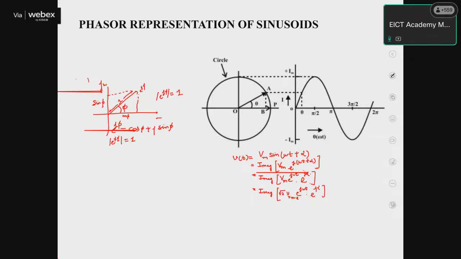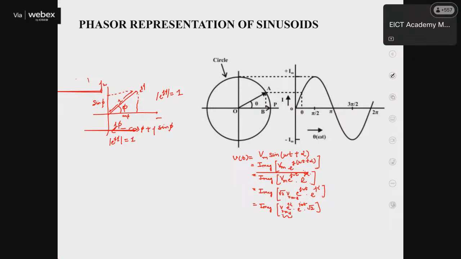Just manipulating the expression, we can write it as Vrms e raised to the power j alpha into e raised to the power j omega t. Now look at this expression.